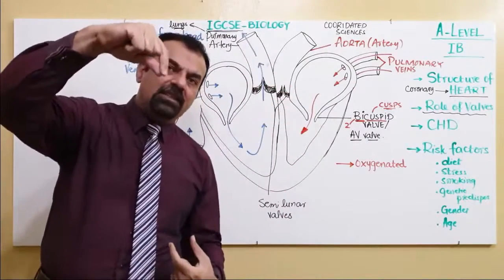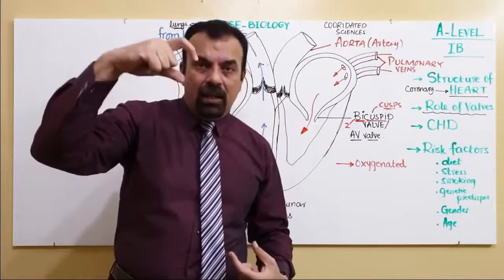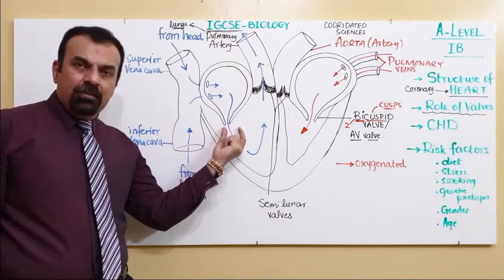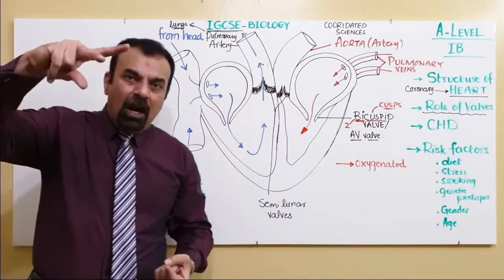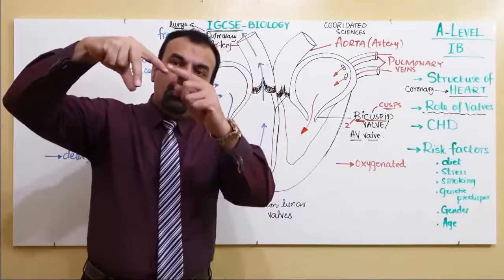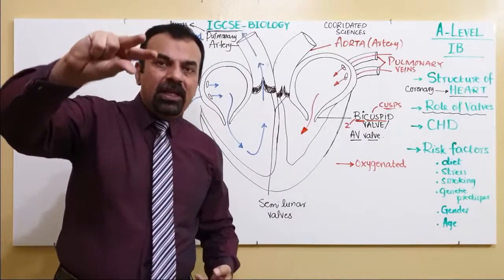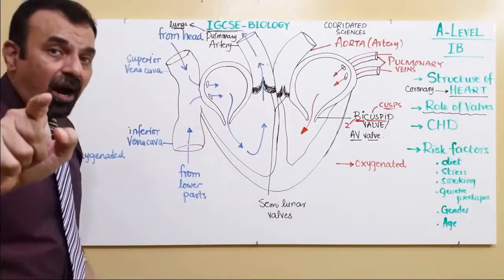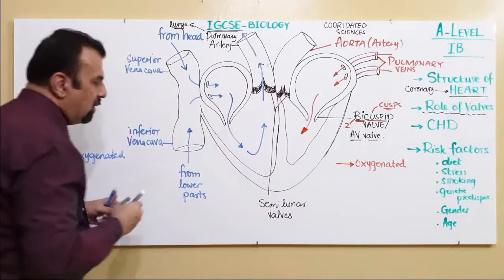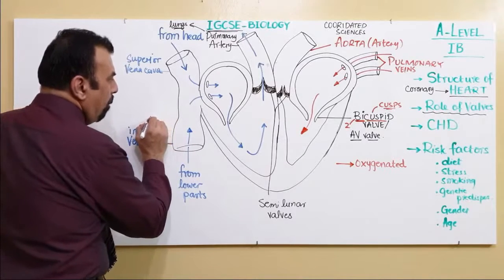So there are two flaps, that's why it is bicuspid. And now guess the name of this particular valve. It is made up of how many flaps? Yes, it's made up of 3 flaps. And 3 is called tri. So the name of this one is the tricuspid valve.